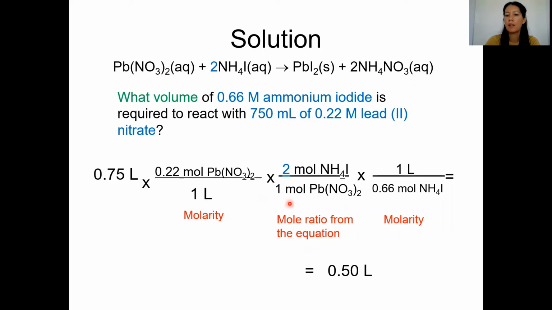The moles of lead nitrate cancel, and you now are in moles of ammonium iodide. And the final question was, what is the volume? I have the moles, so now I can use molarity, expand the units of the molarity to moles per liter. So you have 0.66 moles, put that in the denominator to cancel moles, per 1 liter. It'll always be per 1 liter for molarity, and put that in the numerator. Crunch your numbers and you should get 0.50.